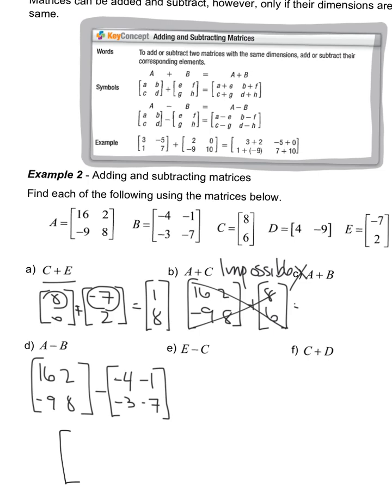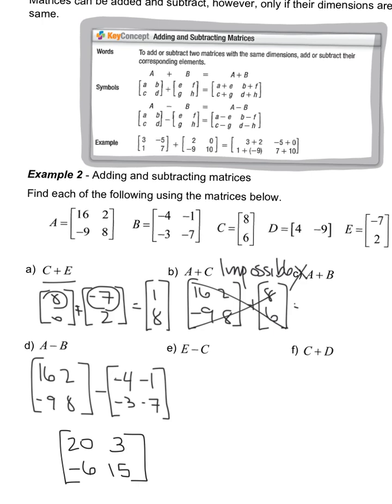Well, what's 16 plus 4? 20. 2 minus a negative 1, or 2 plus 1, is 3. Negative 9 minus a negative 3, or negative 9 plus 3, is negative 6. 8 minus a negative 7 is 8 plus 7, which is 15. Okay. So keep in mind, as we are adding and subtracting matrices, we add and subtract corresponding entries.